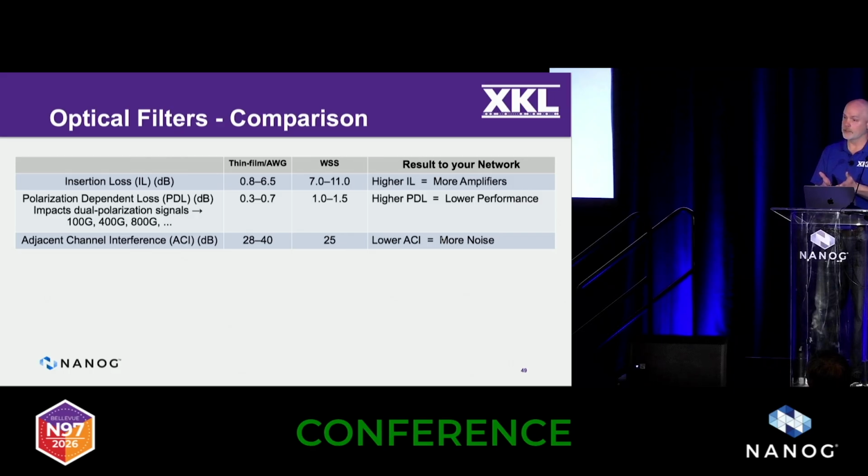And so that causes problems for these signals. So you can't have part of your signal arriving earlier or later, or at a different power level, and still be able to recover it. So PDL is an important property in these filters. You can see here that thin film and AWG have a much lower PDL value. Higher PDL means poorer performance.